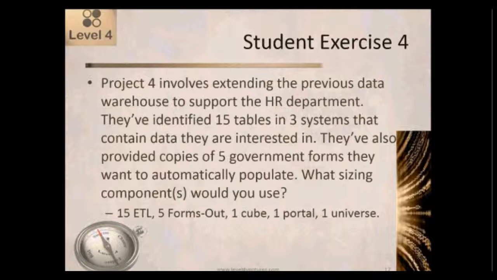Okay. I was doing 3 ETLs, one per system, assuming that I was combining tables in its system. So because there were 3 systems, that doesn't come into play at all. It's just the tables that we're interested in. Yeah, exactly. That's part of the trick of this question.